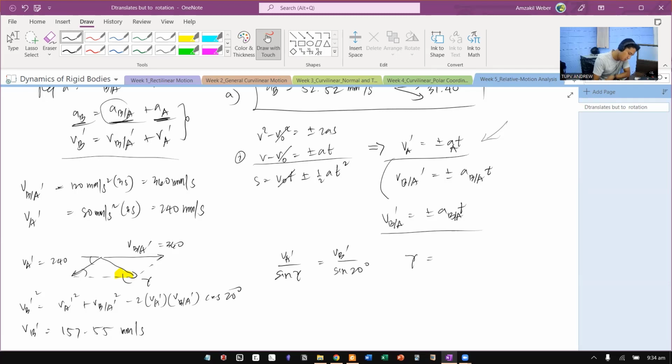So gamma equals the inverse sine of VB, 157.55, divided by sin 20, over VA prime, which is 240. And that is 31.40 degrees. Even though you use this angle, it should not be referenced from x to y; it should be with respect to x. Otherwise, that would be wrong.